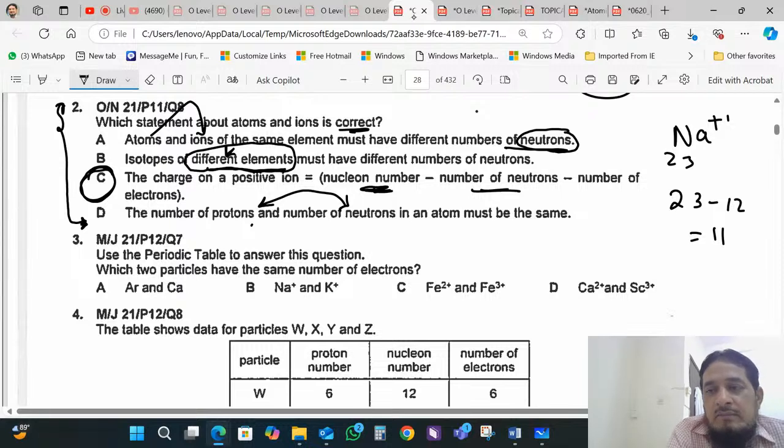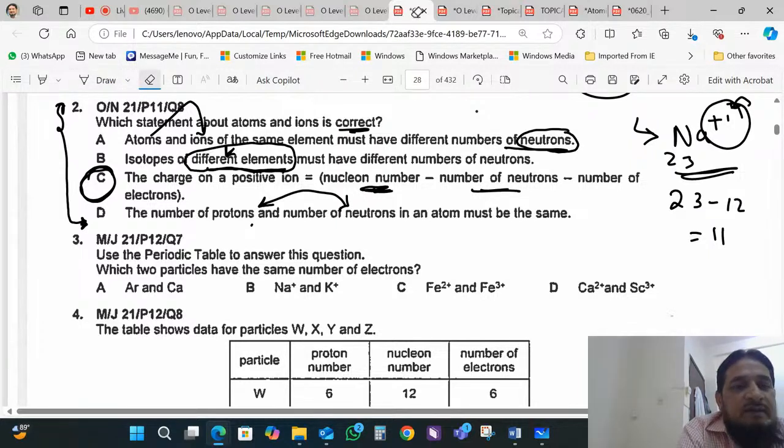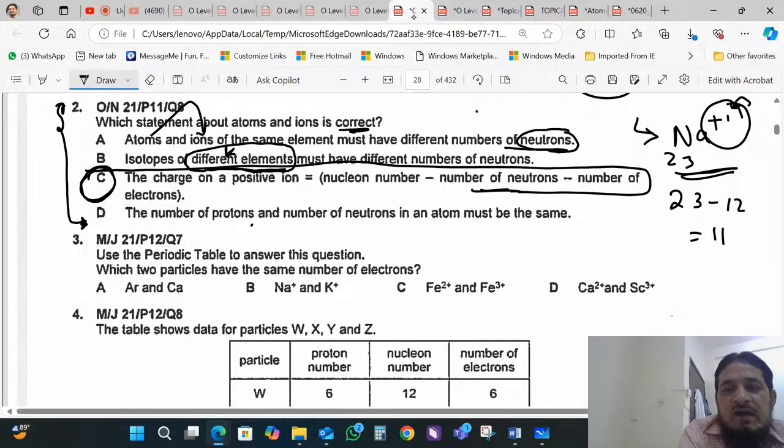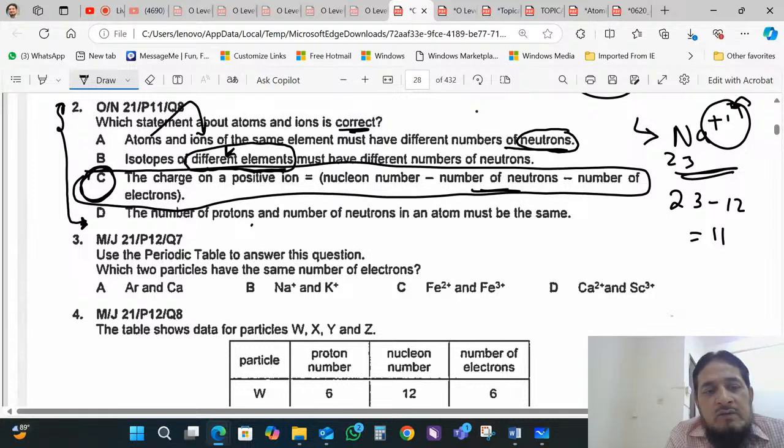And sodium is Na plus 1. So you are going to minus it with the 10 and you are going to get this. So this was a good way. I would like you to take a screenshot of this part and solve it later on at your own.